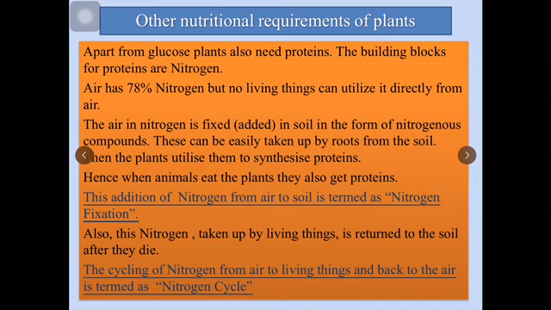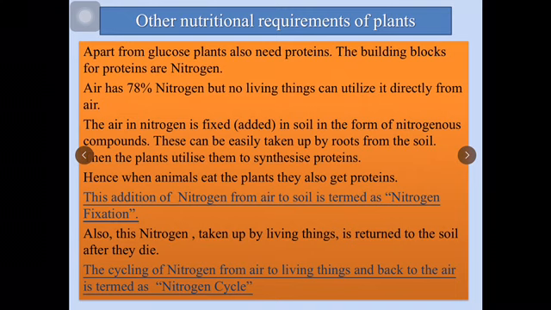It does not change. How is it happening? It is happening because when plants and animals die, this nitrogen is released in the soil, and this nitrogenous compound can be sent back into the air.